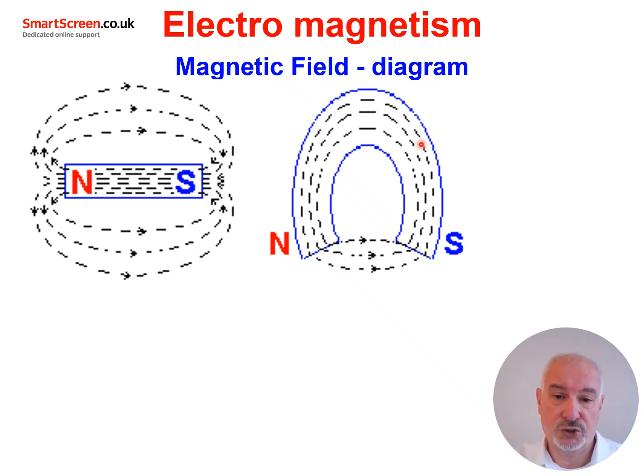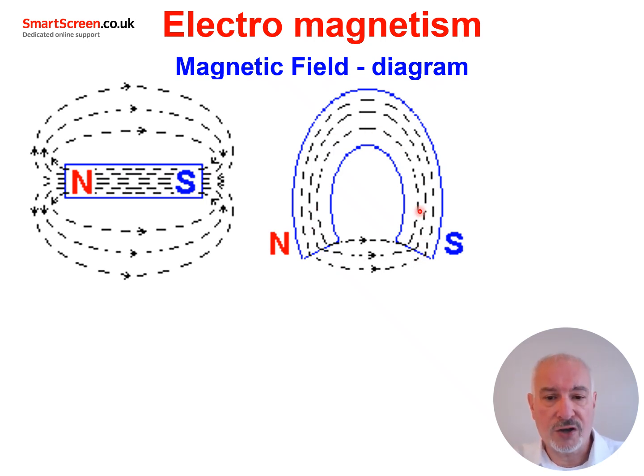In the horseshoe-shaped magnet, the North and the South Pole are much closer together, but still we've got the same principle that the lines of flux are flowing north to south. And that's external to the magnet. Internally, so inside the magnet, the lines of flux are flowing south to north.